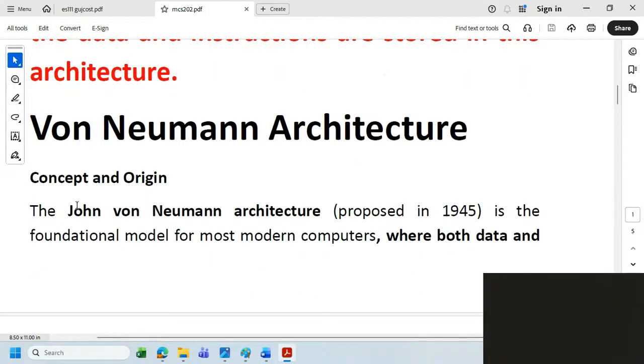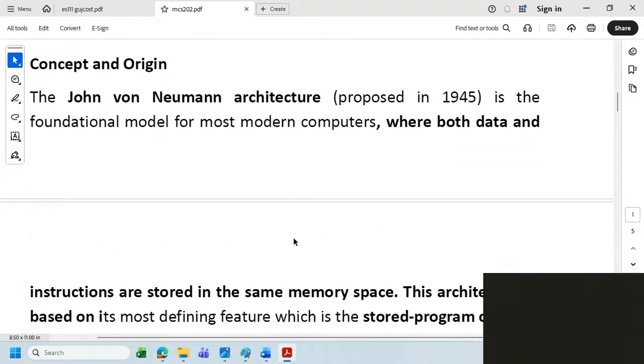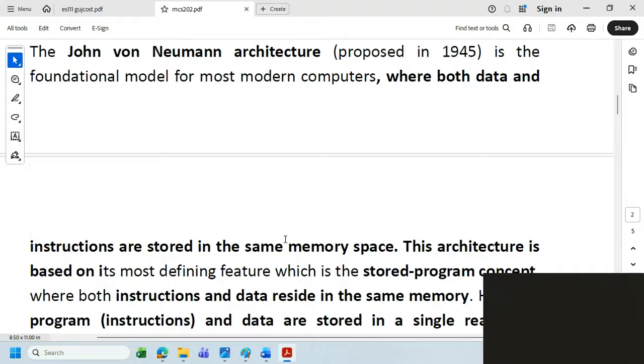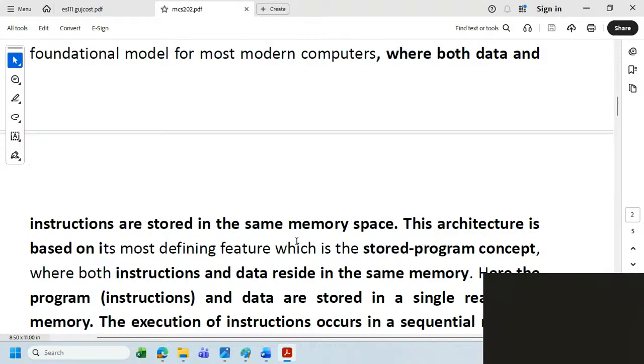The concept and origin. The John von Neumann architecture, which was proposed in 1945, is the foundational model for most modern computers where both data and instructions are stored in the same memory space.